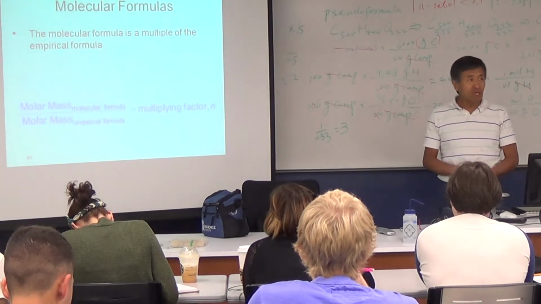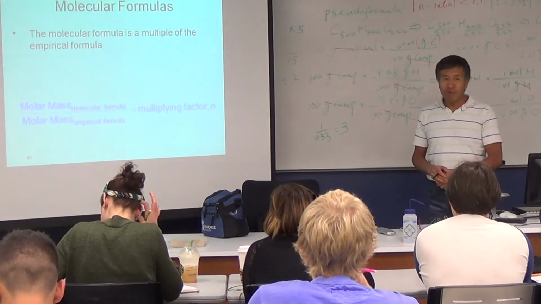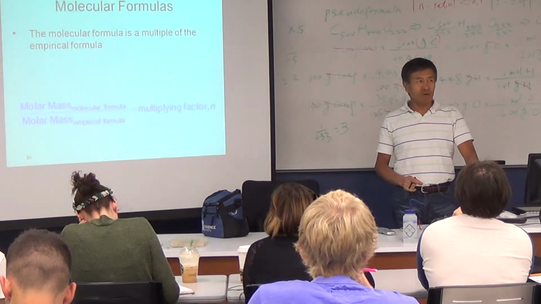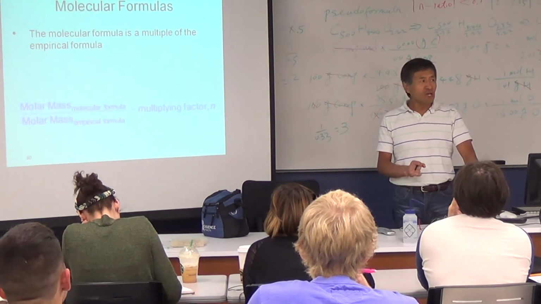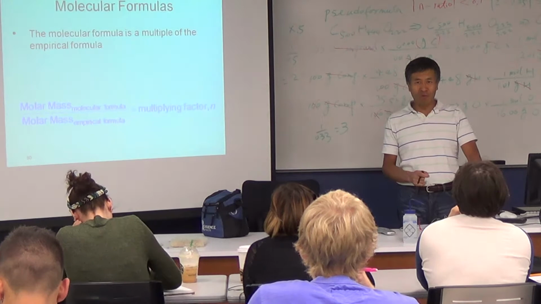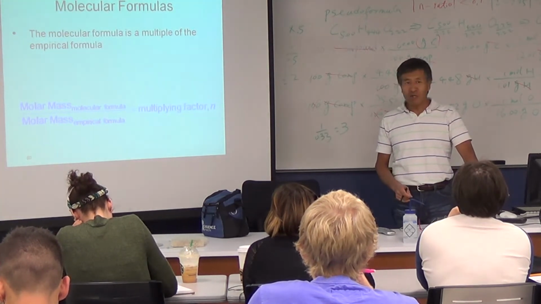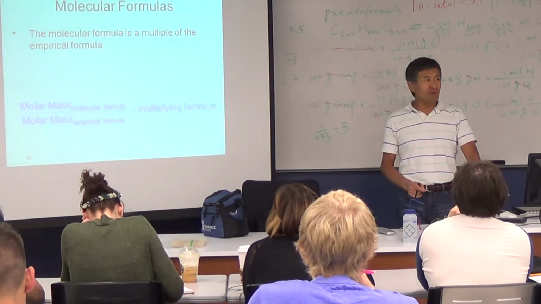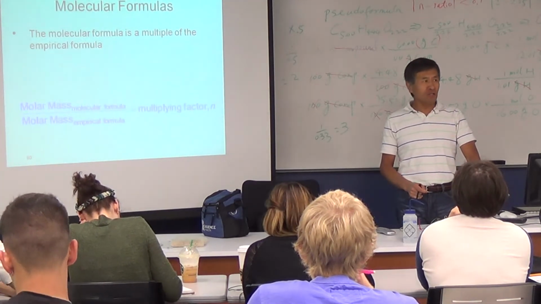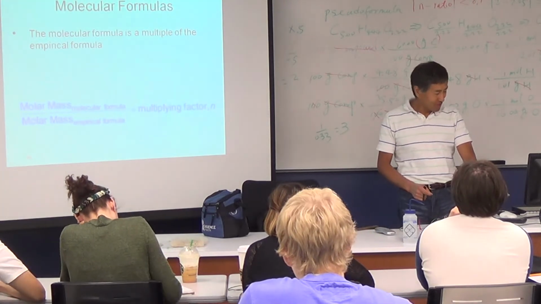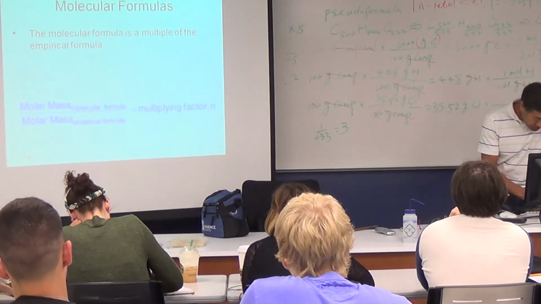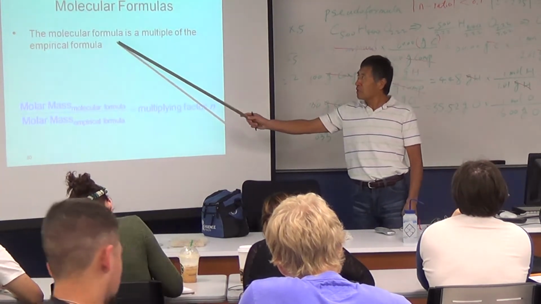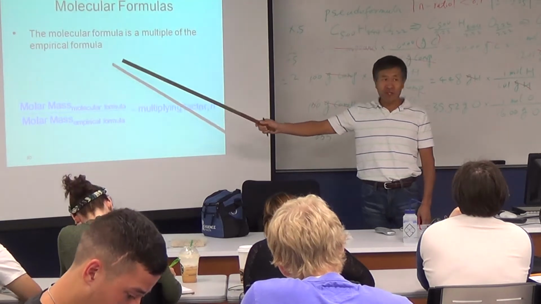Sometimes they're different. So what you can conclude from comparing the empirical formula with the molecular formula is that you can multiply the empirical formula by a whole number, and then you will get the molecular formula. So that's what we say in this statement: the molecular formula is a multiple of the empirical formula.